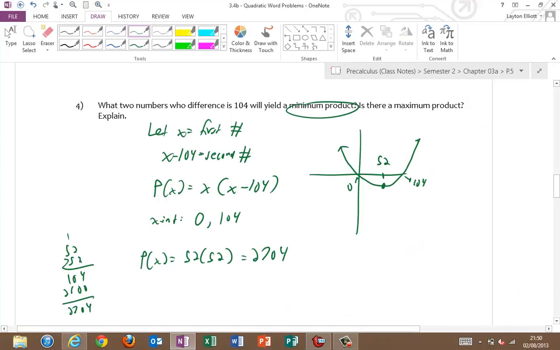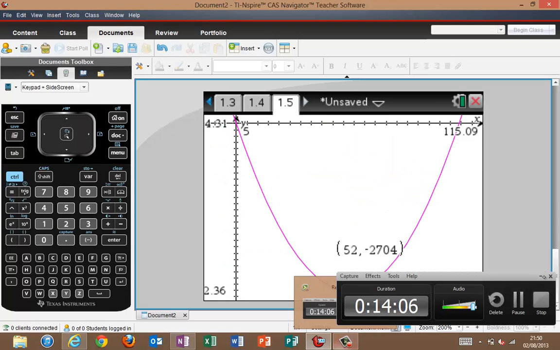Oops. Which is correct because this should have been a negative 52 here if I plugged 52 in for there. So then my minimum product is negative 2704. Okay, that's a good check to do. This is the ordered pair now, 52, negative 2704, as you can see by the graph.